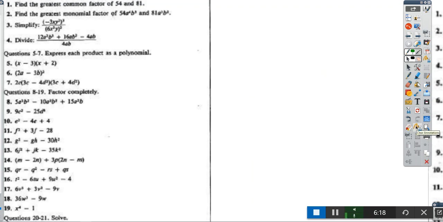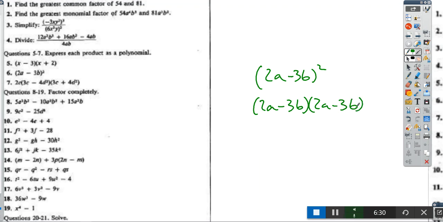For number 6, we have 2a minus 3b squared. So that means we have 2a minus 3b times 2a minus 3b. All right. So we get 4a squared. Then 2a times negative 3b is negative 6ab.